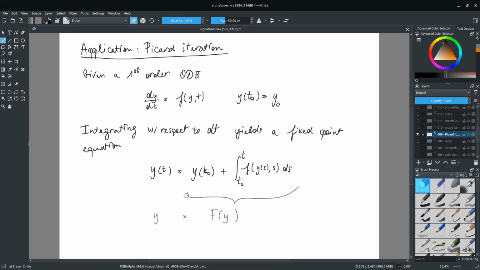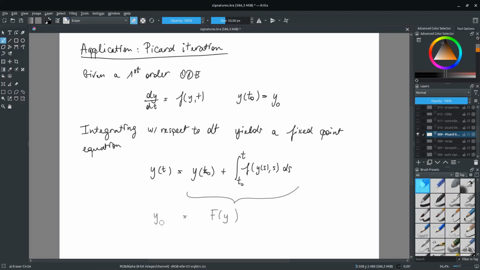Now you get that y(t) is y(t0), so this y0, plus the integral from t0 to t of f of y(s) times ds. So of course the right hand side also depends on y, but in a sense it defines a fixed point equation. We're saying that y, the function, is equal to some map F applied to y.